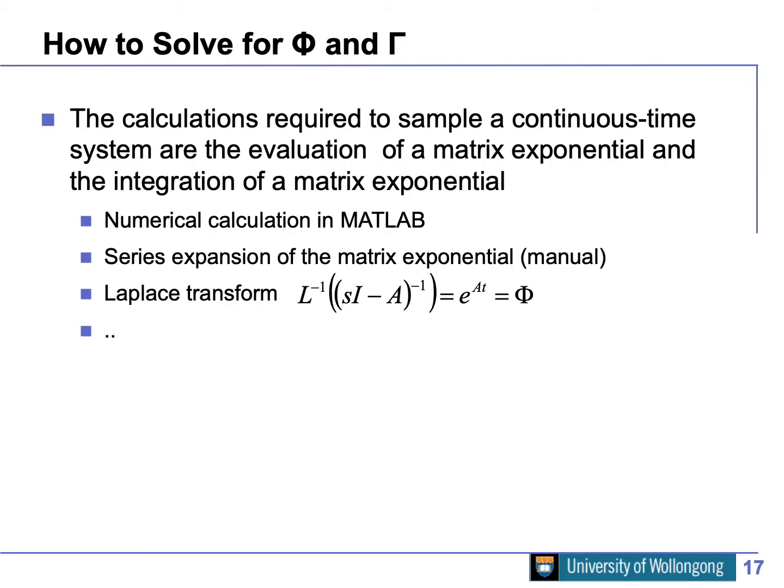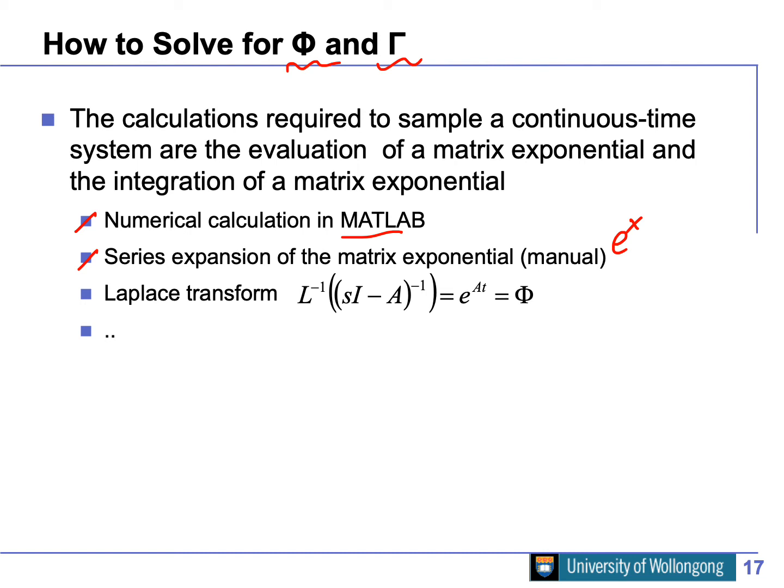Once we have the representation of phi and gamma, we come to the next problem, which is how to actually solve it. We can do that in 3 different ways. One is numeric calculation using MATLAB, so we just use a couple of MATLAB commands to do that for us. The second method is called series expansion, where we approximate e to the power of x, just using the linear component to represent the complete series.